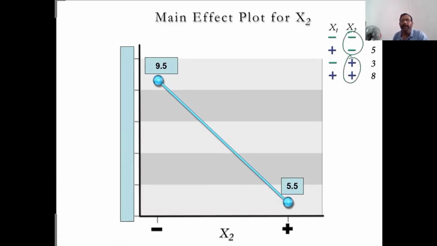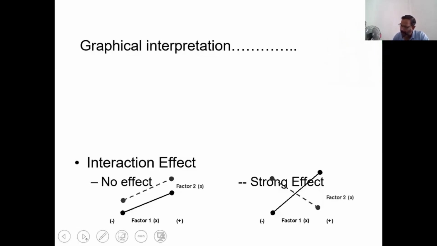The difference between the average of these two and the average of these two, pluses and the minus. So we know average of 14 and 5 is 9.5, right? Average of 8 and 3 is 5.5. So you see there's a main effect. Even without calculation, we can say there's a main effect of x2. So similarly, we can find out the main effect for x1.